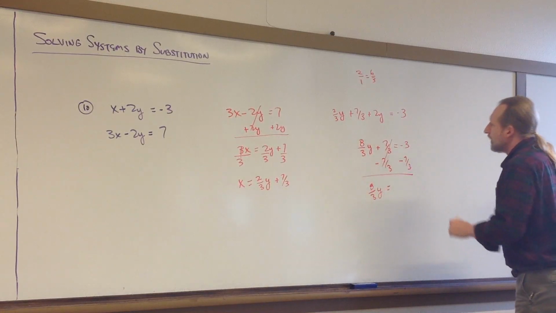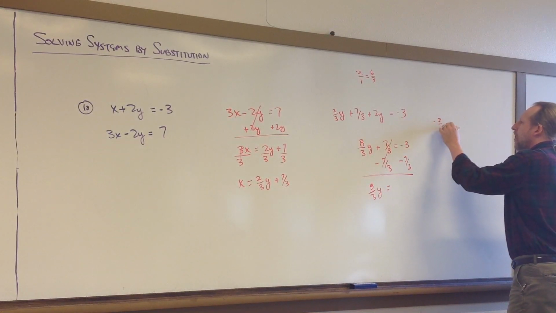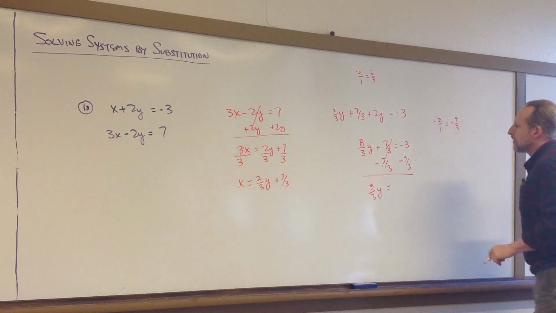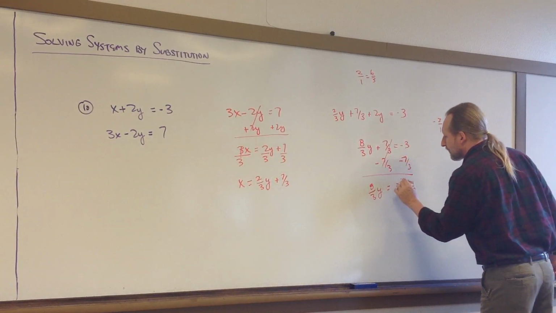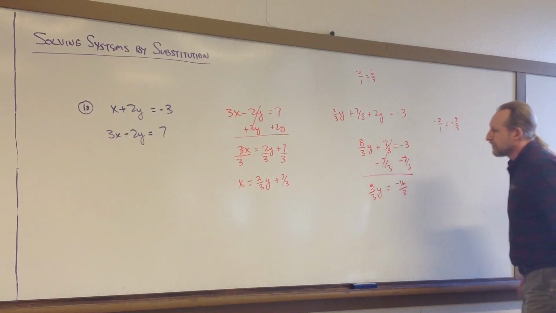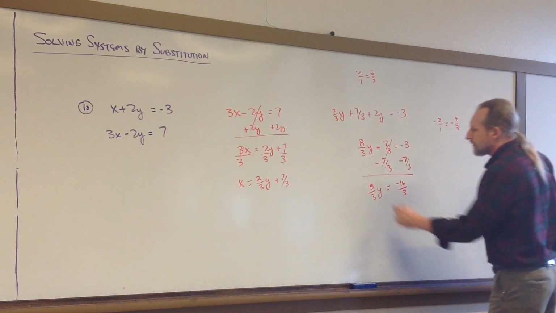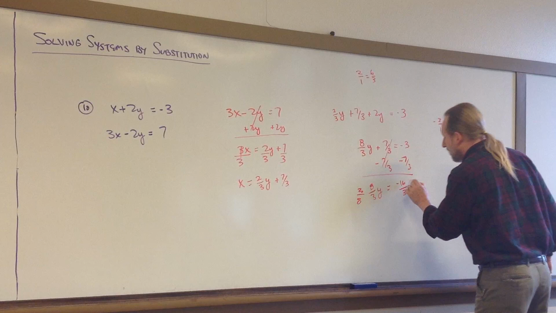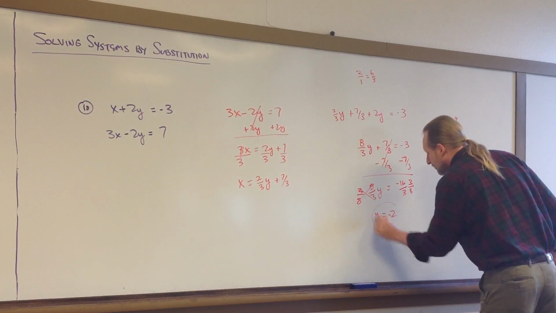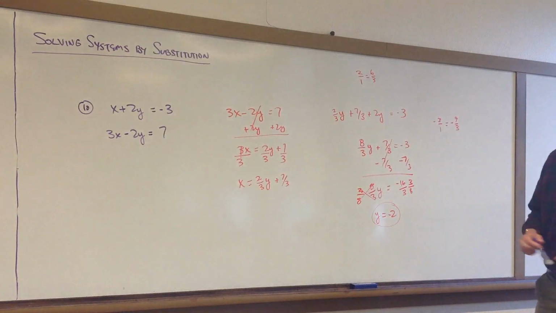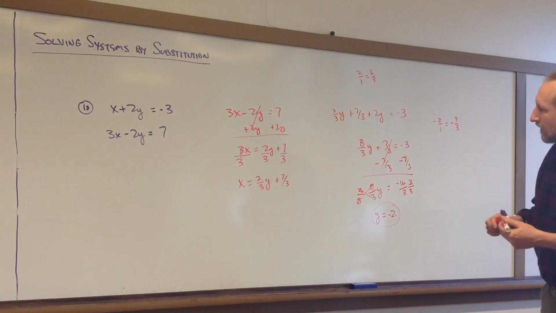And so over here, the 3 is negative 9 over 3. So negative 9 over 3 minus 7 over 3 is negative 16 over 3. And whether you divide by 8/3 or multiply by 3/8, y equals -2. So it's the same answer. There's nothing wrong with it.